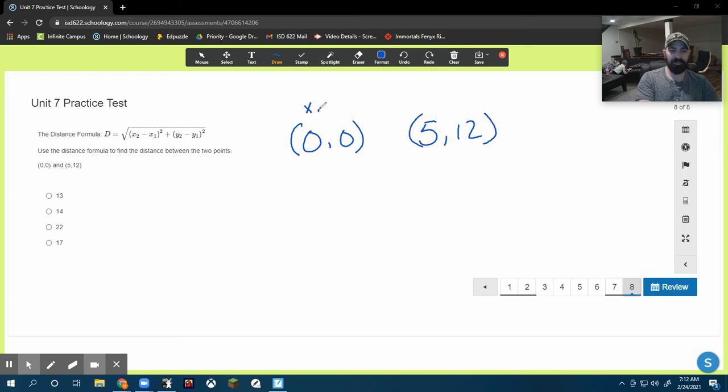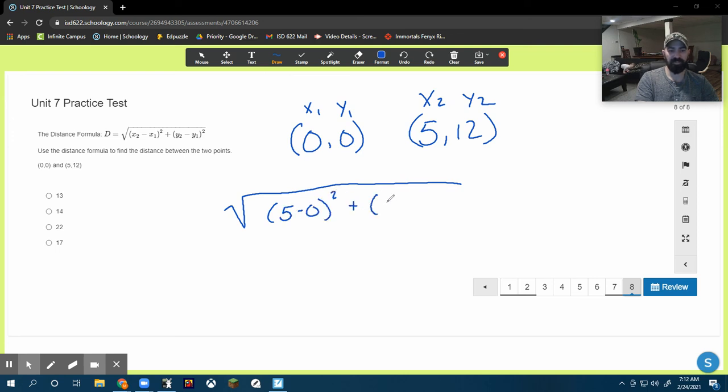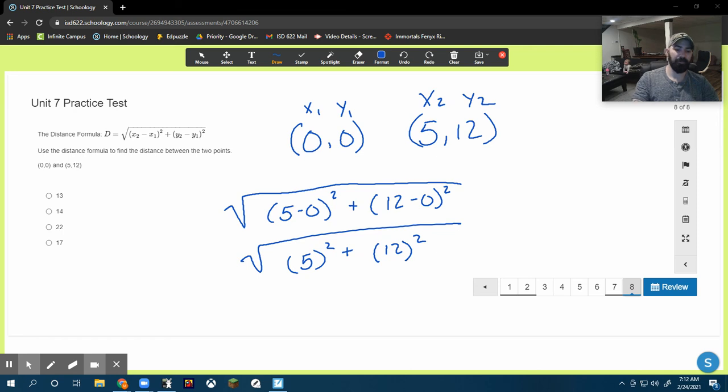All right, this is x1, y1. This is x2, y2. So we're substituting into our formula x2 first, which is 5 minus x1 squared, plus y2, 12 minus y1 squared. 5 minus 0 is just 5. 12 minus 0 is just 12.